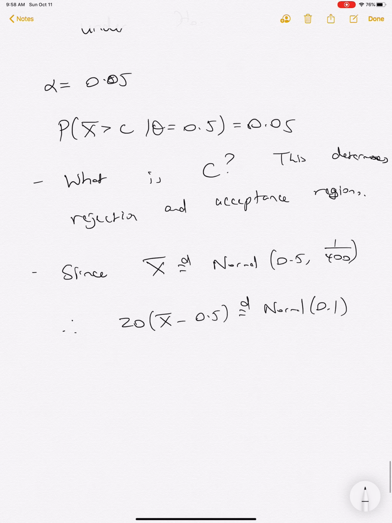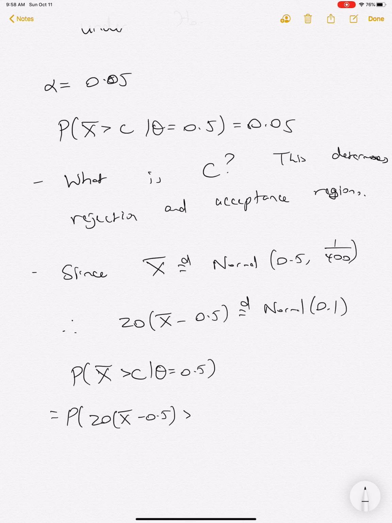So the probability x bar is bigger than c given theta equals 0.5 equals the probability that 20 times (x bar minus 0.5) is bigger than 20 times (c minus 0.5), and that should equal 0.05.